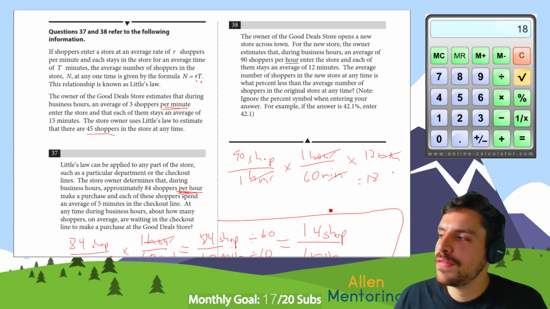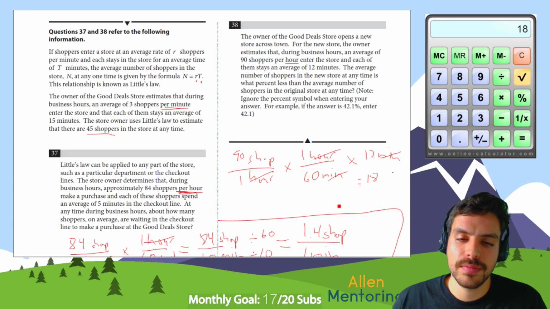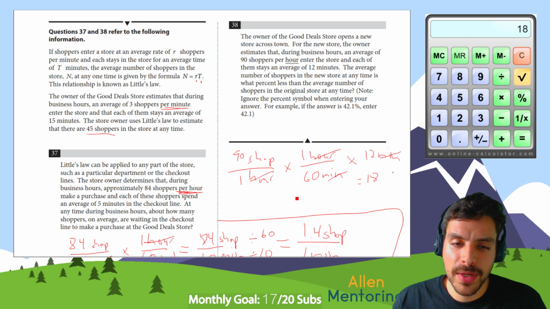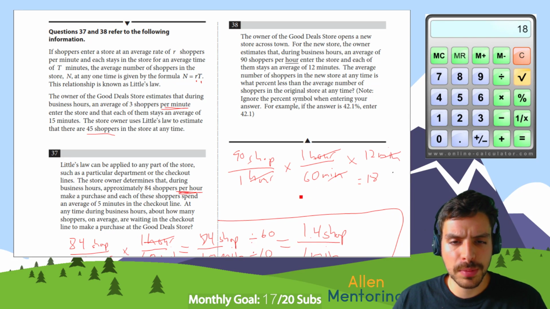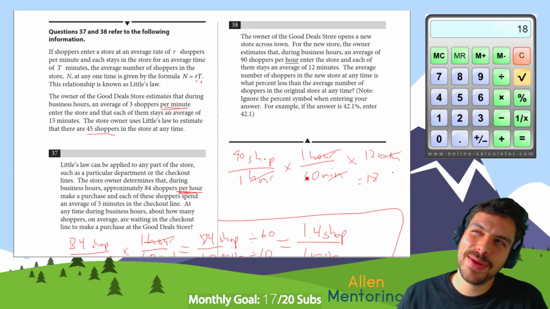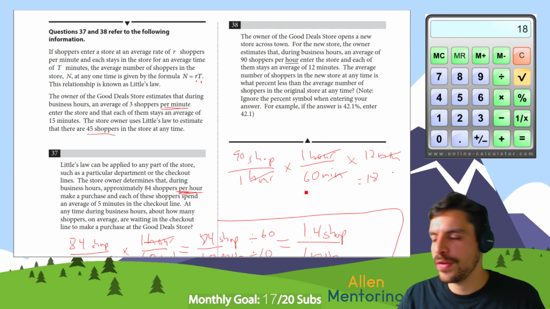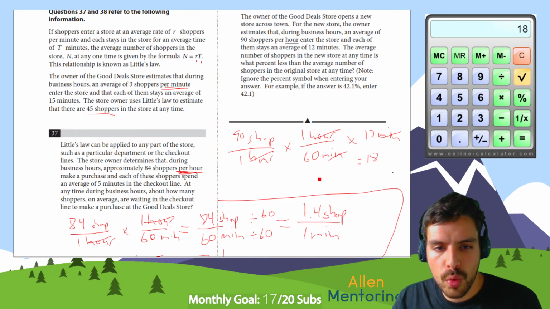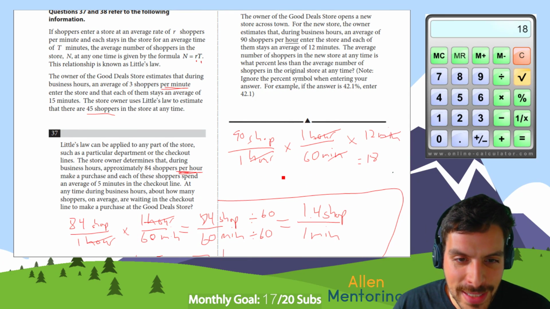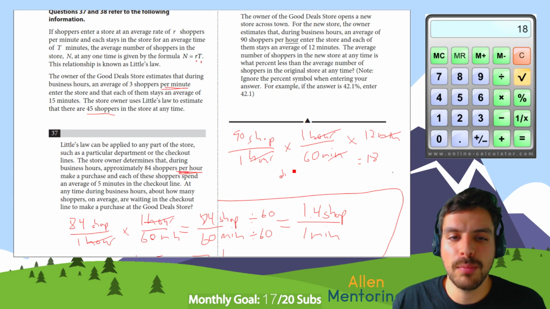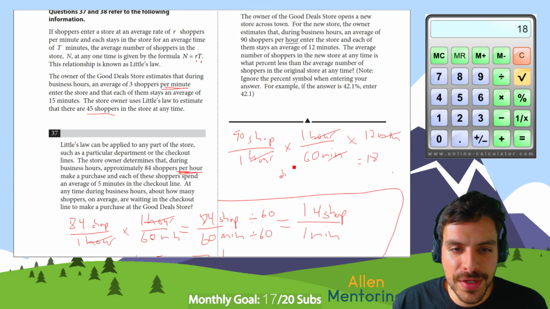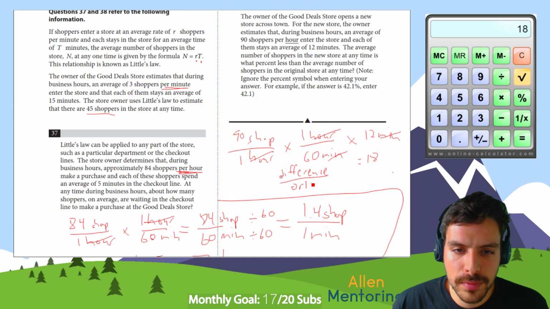Students have a tough time sometimes with this problem because they know they have to subtract 45 minus 18, then divide by something. Do I divide by 18 or 45? How I like to think of it is, for finding % more or % less, do the difference divided by the original.